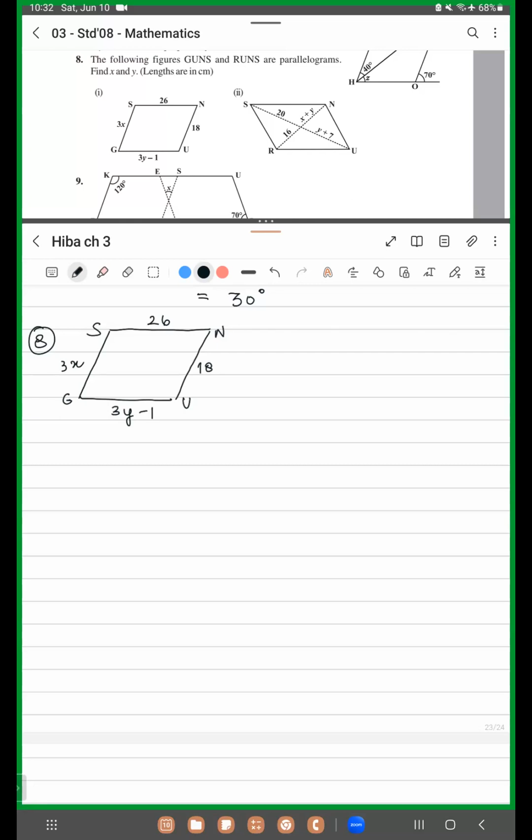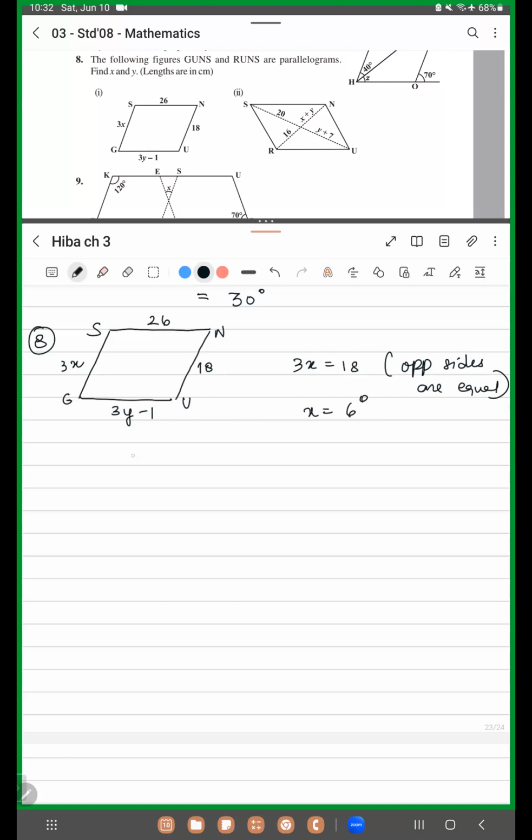So yes, 3x will be equal to 18 because opposite sides are equal. So X will be? X will be 6. Very good.